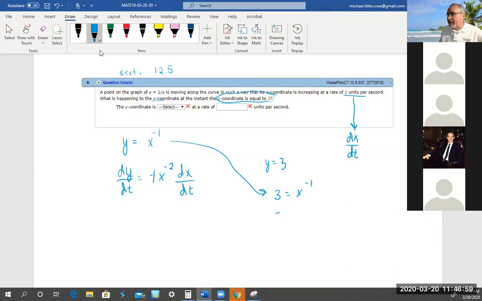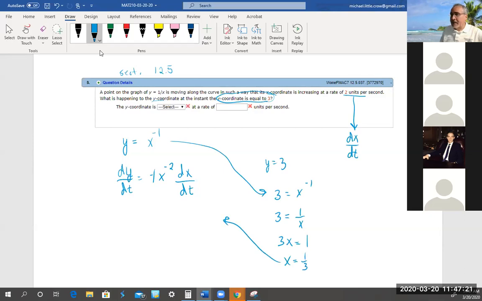So I'm going to rewrite this as 3 equals 1 over x. Multiply both sides by x, so 3x equals 1. Then divide by 3, x is equal to 1/3. Okay, so that's what we need for here. So we now have x to plug in.